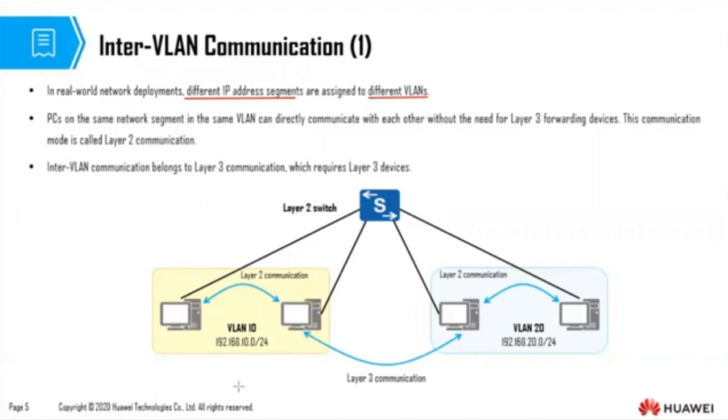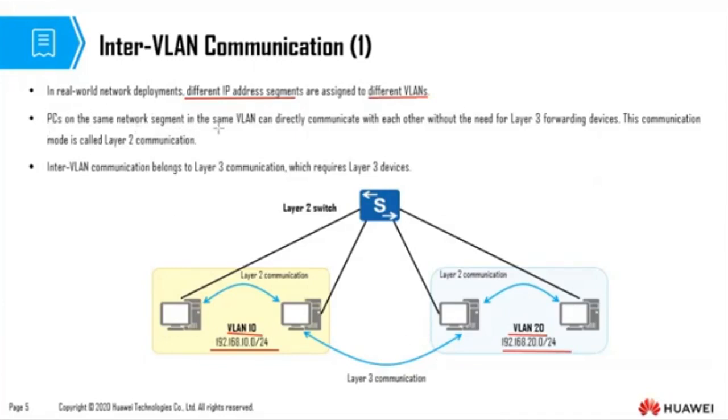What does that mean? Look here. We have VLAN 10, which is on the network segment 192.168.10.0/24. Then we have VLAN 20, which is placed on the network segment 192.168.20.0/24. So different VLANs are on different network segments.